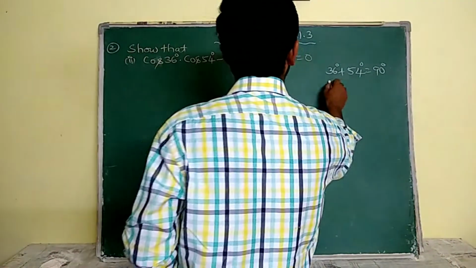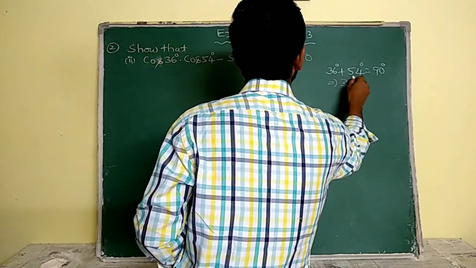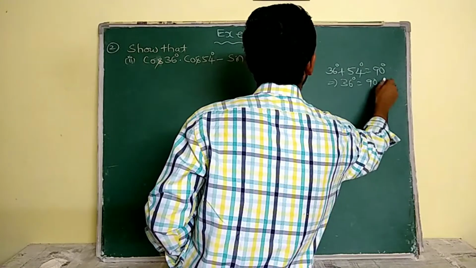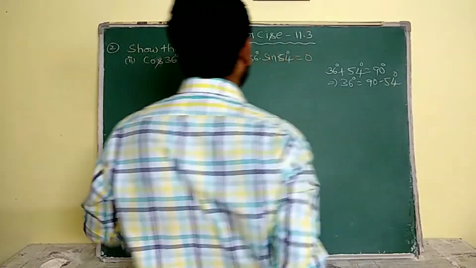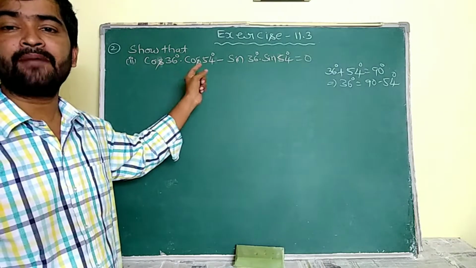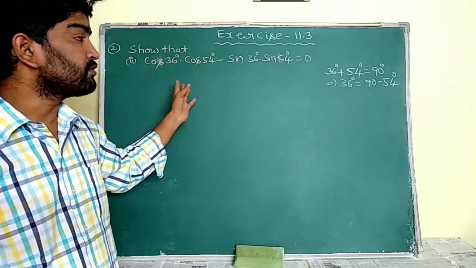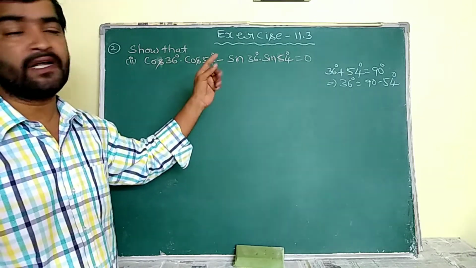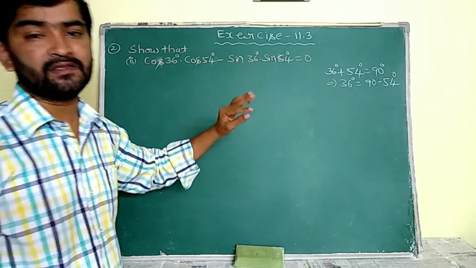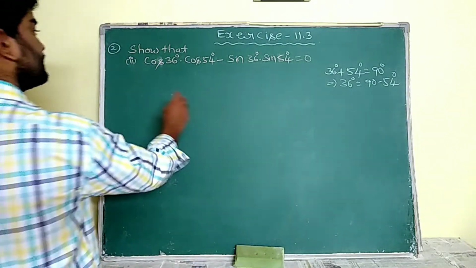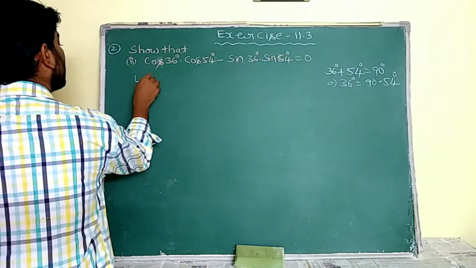Now here I am going to express this 36 degrees as 90 minus 54. As we are having two pairs of the same complementary angles, we have to express only one angle in terms of the other in both the pairs. Take the LHS.